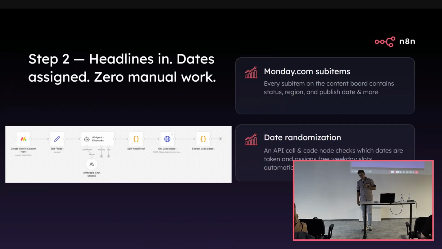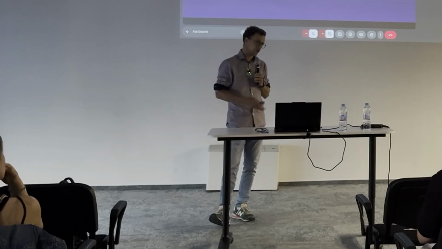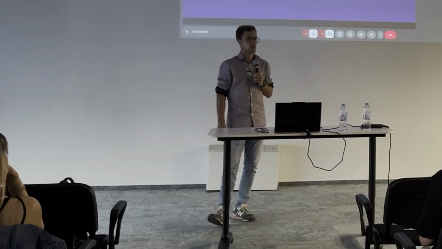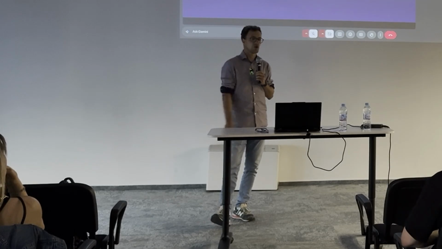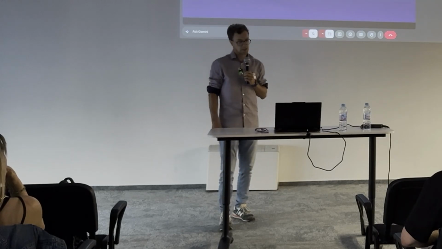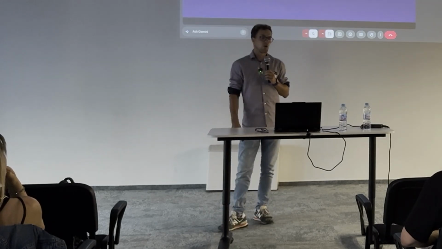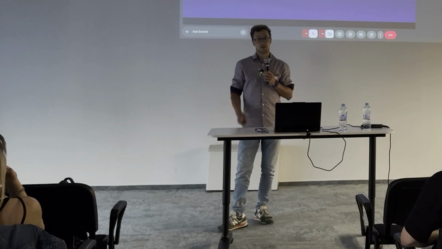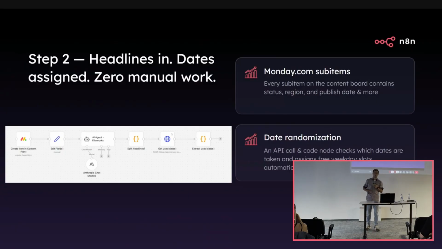First of all, we do a date randomization. This means a code node is checking the next available dates when we can publish content on our website, because of some internal reasons why we only have go-lives at certain dates. The code node is calculating the next available slot, also pulling the already taken slots from Monday, so we will not have duplicates.